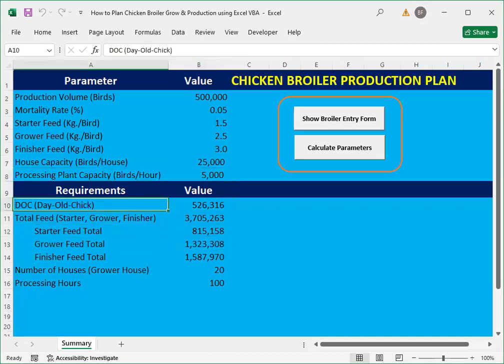Okay, you decide, and depending also on your feed mill capacity, how much you can produce. Say at 500,000, you will only produce 3,700,000 kilogram of feeds in the feed mill plant.